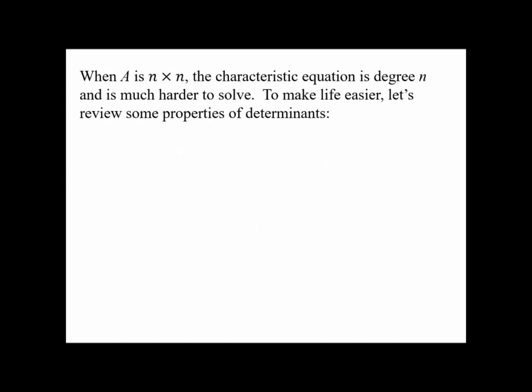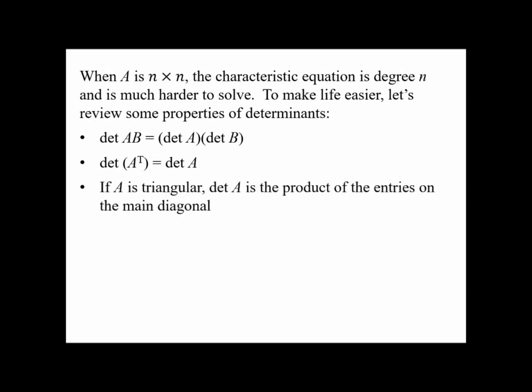Some other properties of determinants that make life a little bit easier. The determinant of a product is the product of the determinants. That'll come in handy a little bit later. The determinant of A transpose is the same as the determinant of A. If A is triangular, then the determinant of A is the product of the entries on the main diagonal.